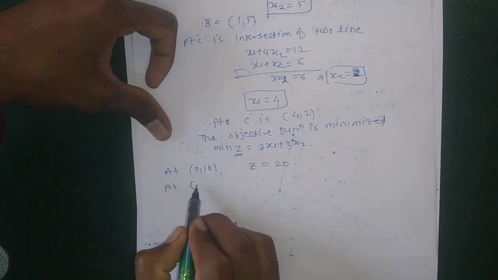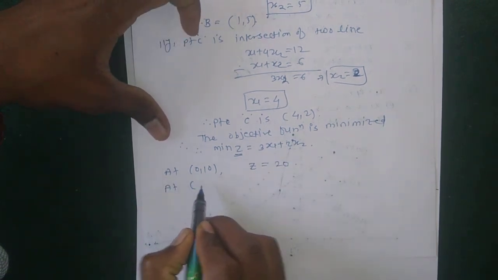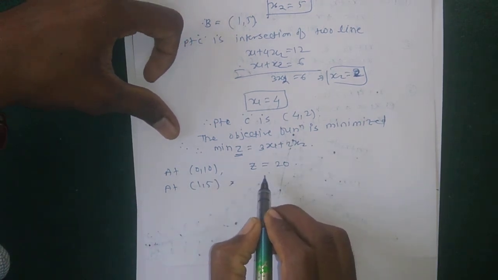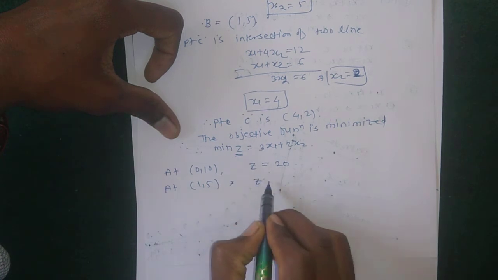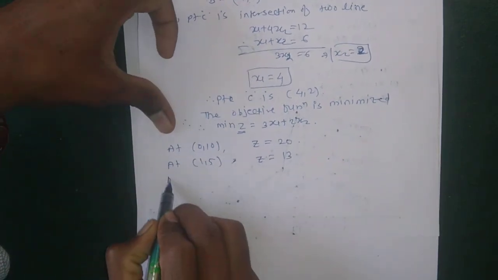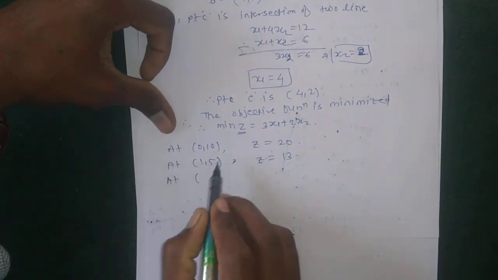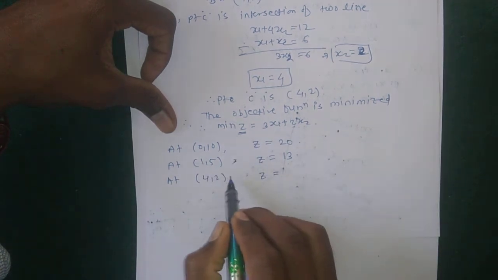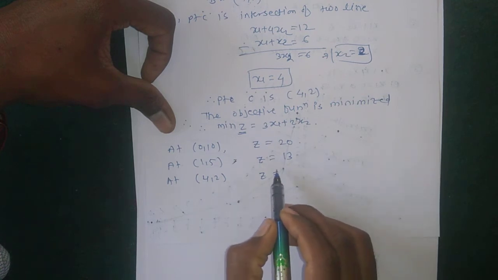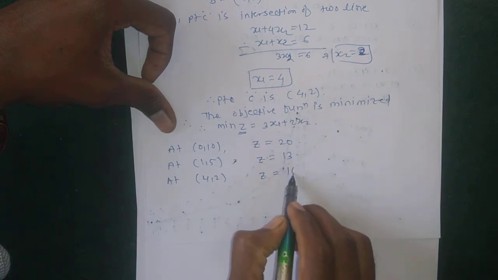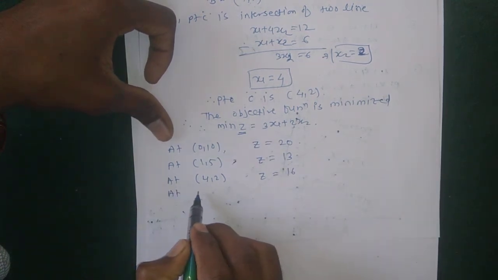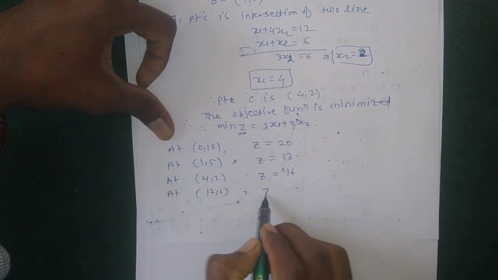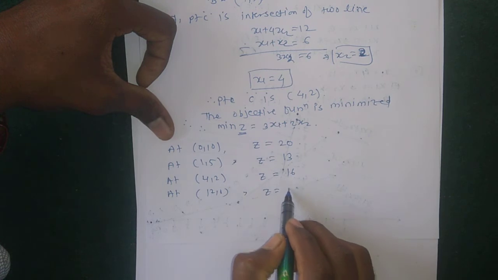At point B (1, 5), the value is 3 plus 10, so Z is equal to 30. At point C (4, 2), the value of Z is 12 plus 4, which is 16, and lastly at point D (12, 0), the value of Z is 36.